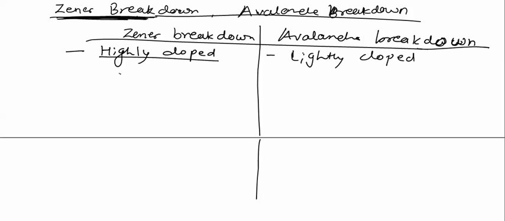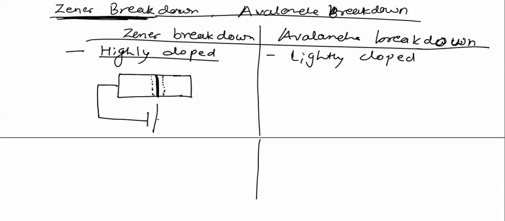In a highly doped diode operated in reverse bias, this is the junction and the depletion layer width, as we have already discussed, decreases when doping increases.